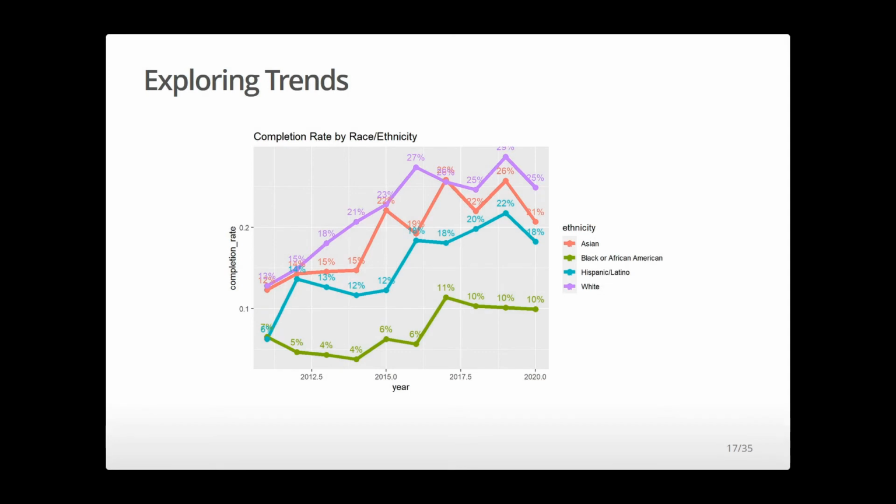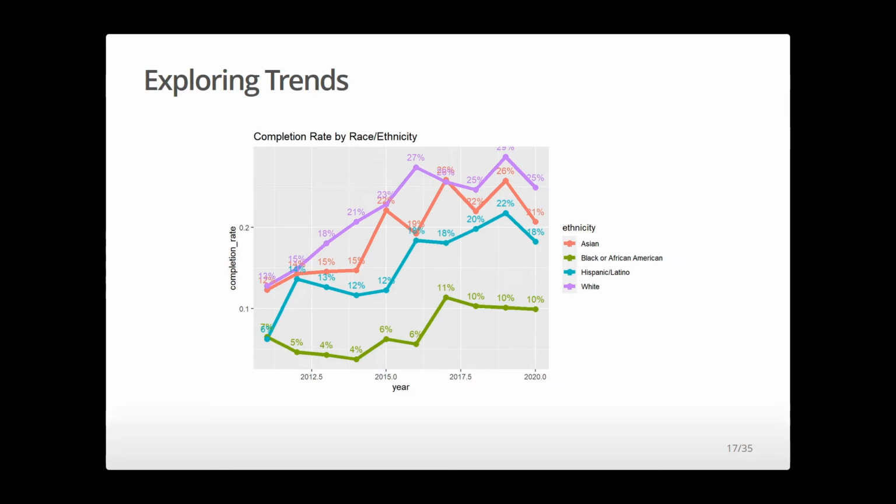We'll have to do some pivoting and calculations, but once we do, let's plot it in a line chart. That way we can see how graduation rates have changed over time. And given that we know there are a few racial ethnic groups with very few students, let's just stick to the top 4 by population. That is, students identifying as Black or African American, white, Asian, or Hispanic/Latinx.